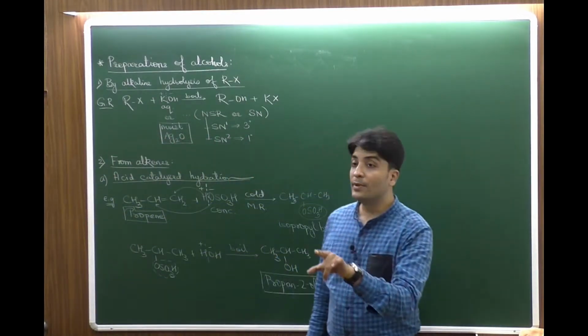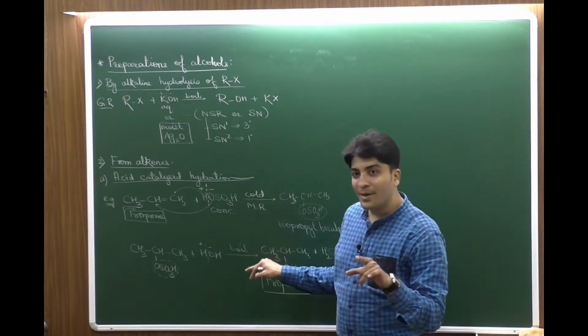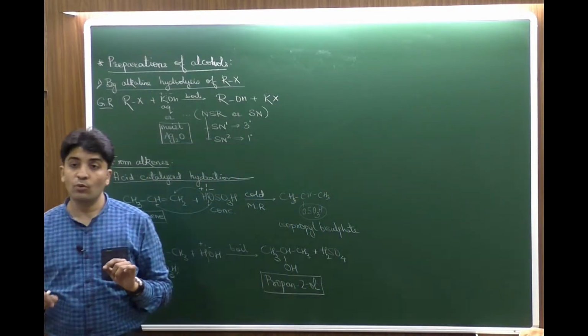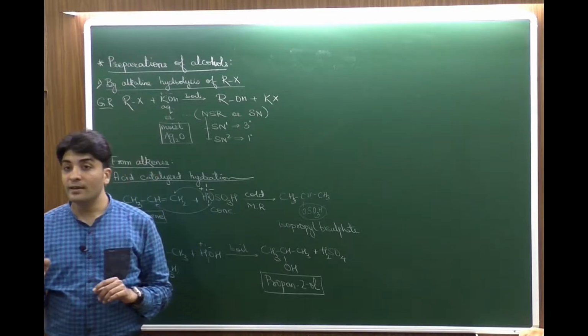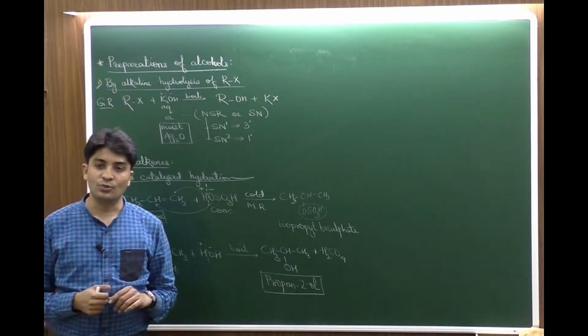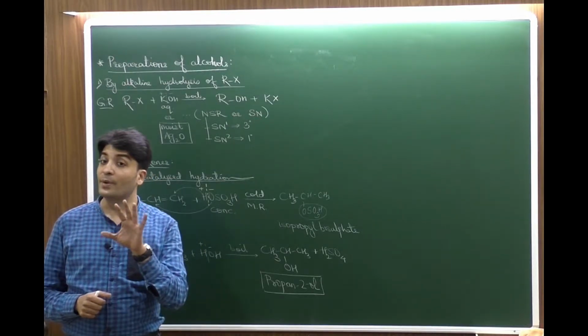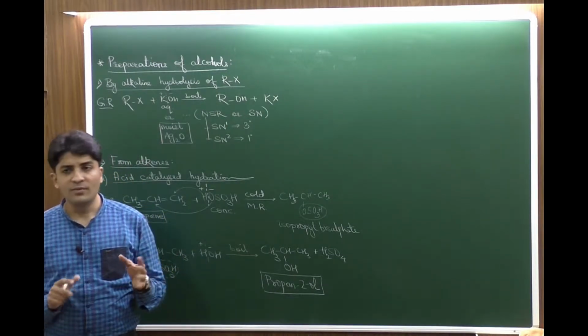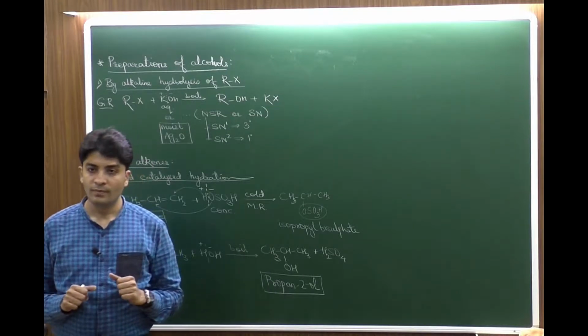So to prepare a primary compound, we had anti-MR, but there is a problem. Anti-MR is possible only for HBr in presence of H2O2, meaning we can prepare primary bromides or bromoalkanes, but we can't prepare a primary alcohol.